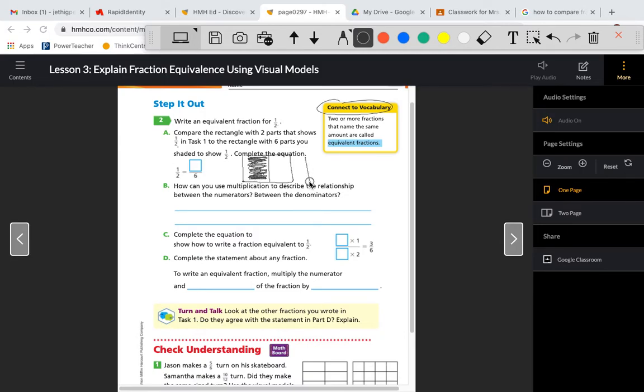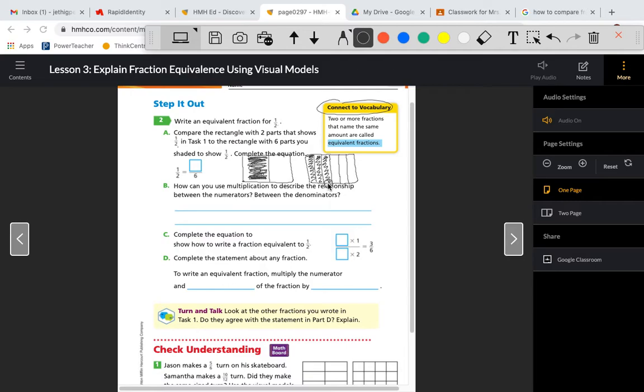And then here we have, let's show the one with 6 equal parts. We have 1, 2, 3, 4, 5, 6. We had 6 parts, and then we wanted to shade 3 of those to show half of the 6. Okay?